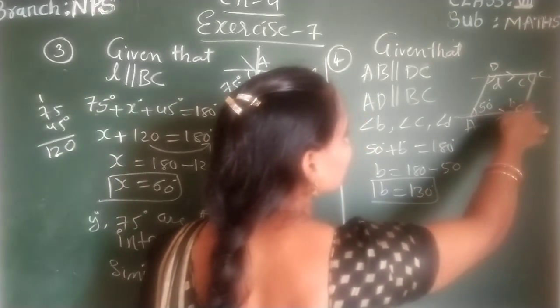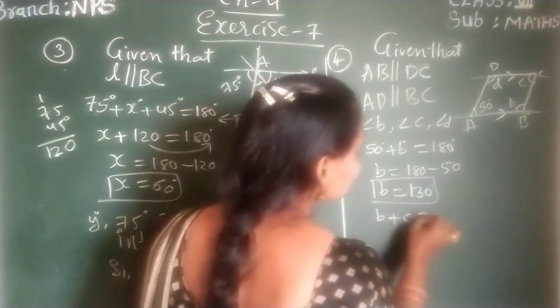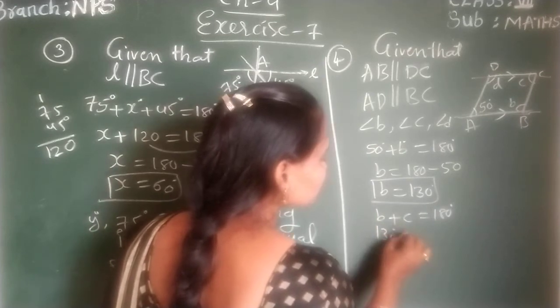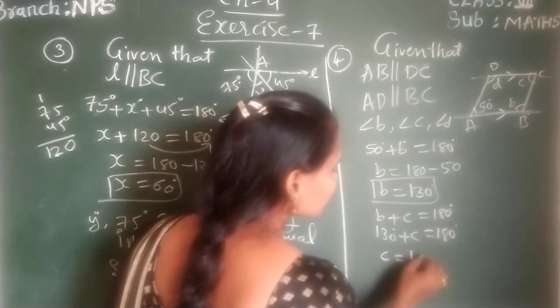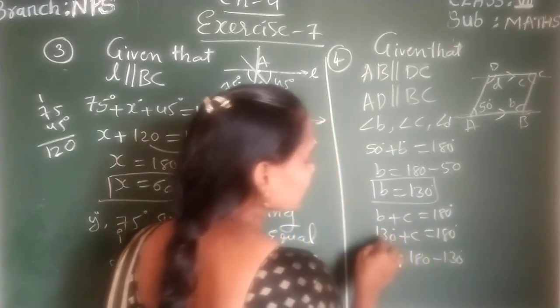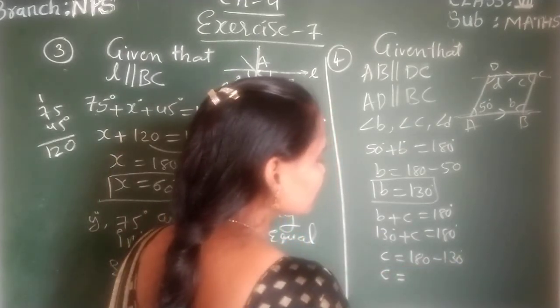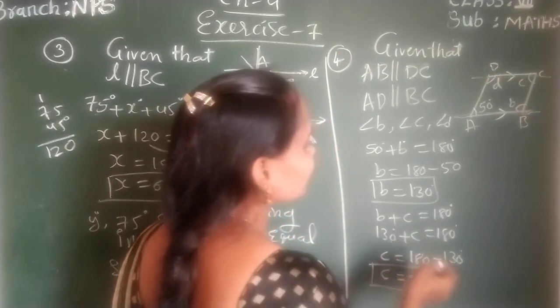Already we know the b value. B plus c is also 180 degrees. Now b value is 130, you can substitute here. Now c is equal to 180 minus 130, 50 degrees. Angle C is 50 degrees.